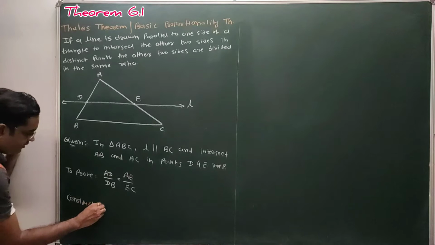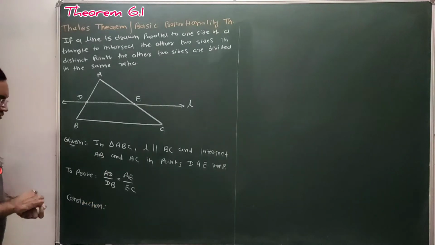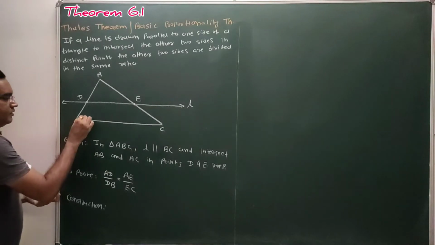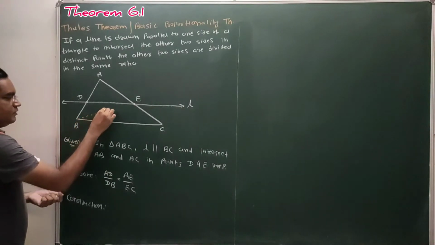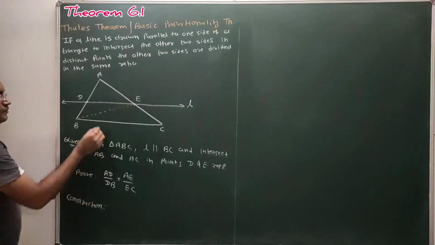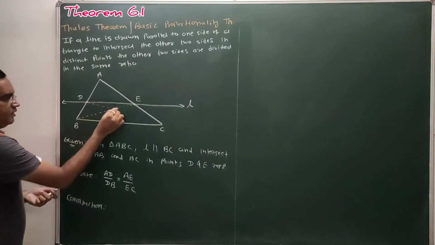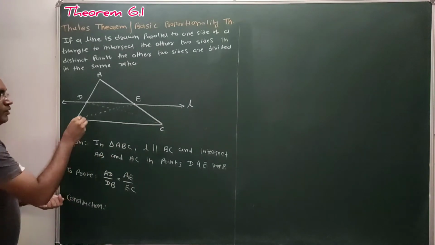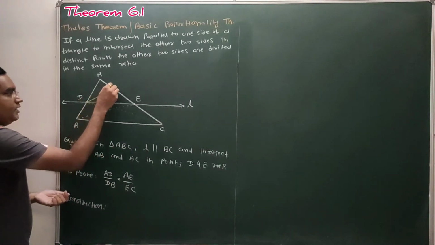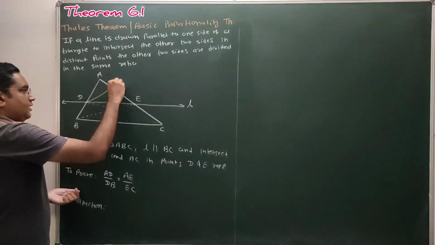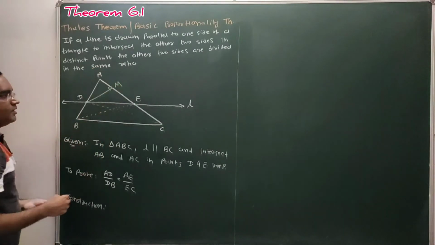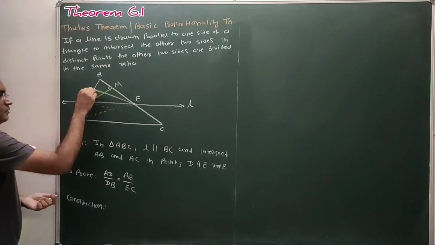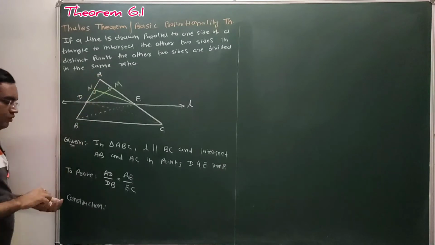So we have to mention that construction over here. Your construction is: join B with E and join D with C, and also draw perpendiculars DM perpendicular to AC, and EN perpendicular to AB.